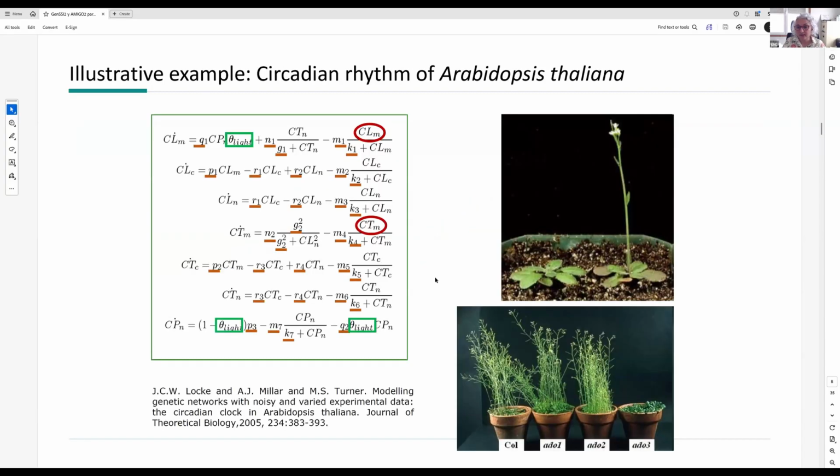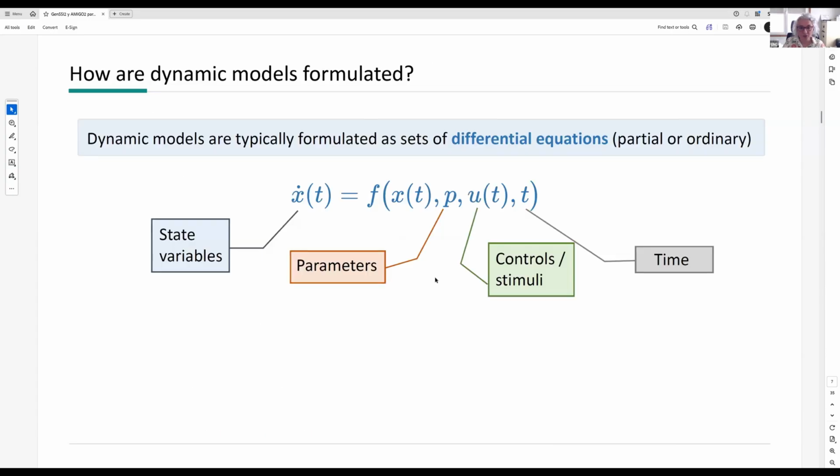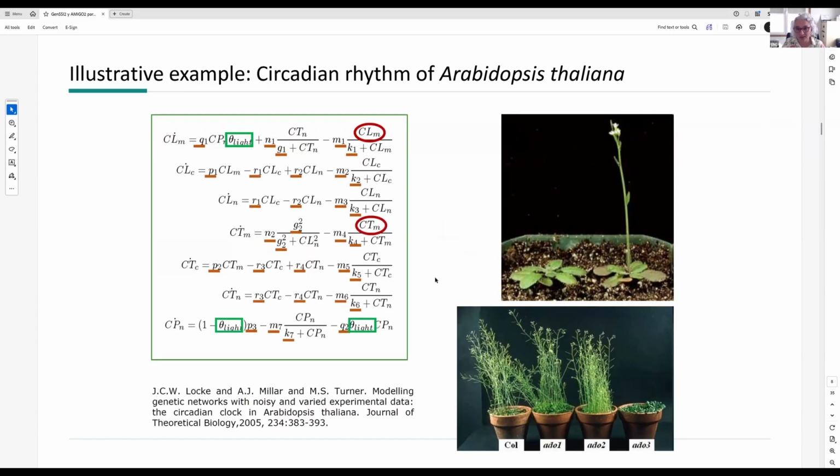And under this general formulation, we may have many different types of models. So this is another illustrative example, which is a little bit more complicated than the batch growth. And this represents, for example, the circadian rhythm of Arabidopsis thaliana.